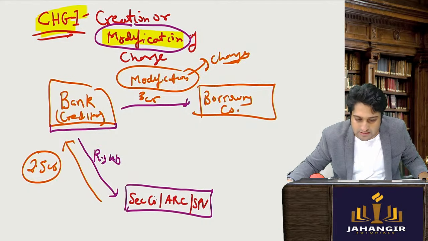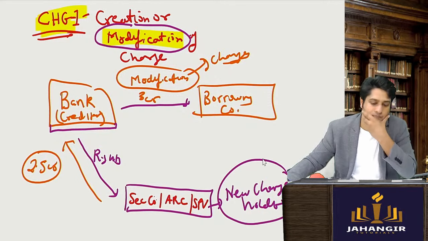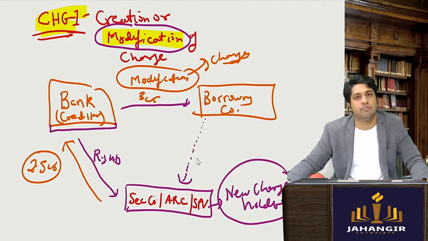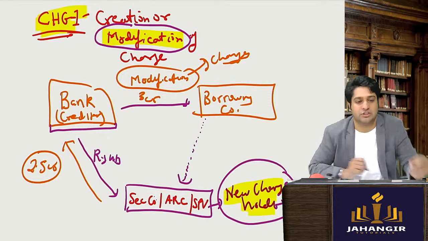So then there is a change in the charge holder. So this becomes the new charge holder. Concept clear? Now this one will have to make all the payments to them. So this is the new charge holder. So isn't this a modification?